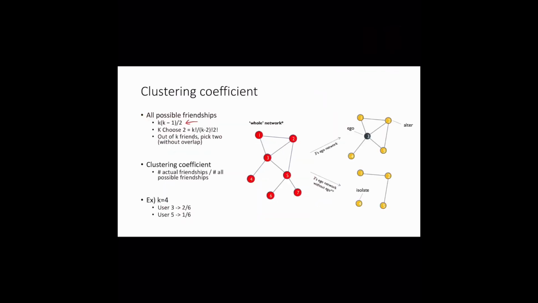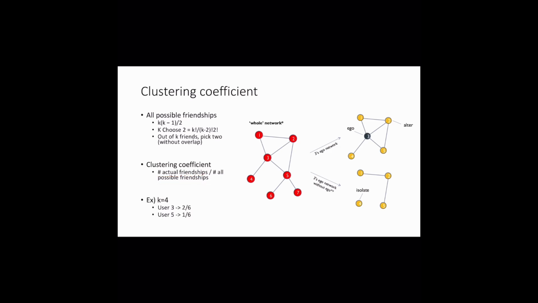The clustering coefficient can be viewed as the number of actual friendships that exist over the number of all possible friendships that could exist within the neighborhood graph. So the actual friendships are just going to be counted depending on the edges that exist. And for all possible friendships, we need to calculate the value.